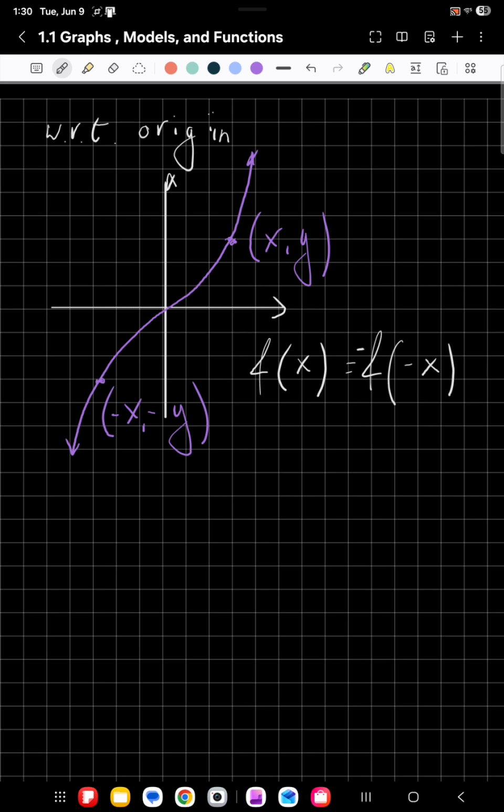I didn't leave space there. Anyway, you guys see that. So if I took negative x and plugged it into the function, I would get y with the negative in front of it. Okay, so yeah, it's over here. And this type of function is called odd.